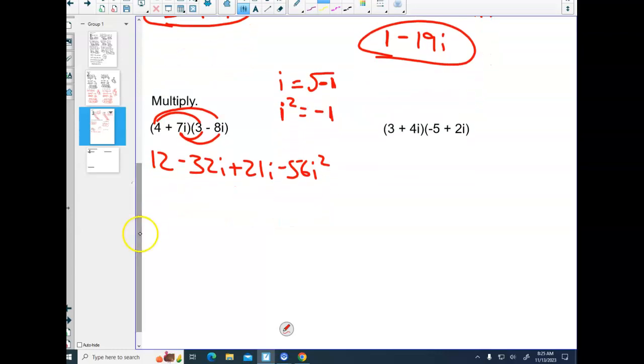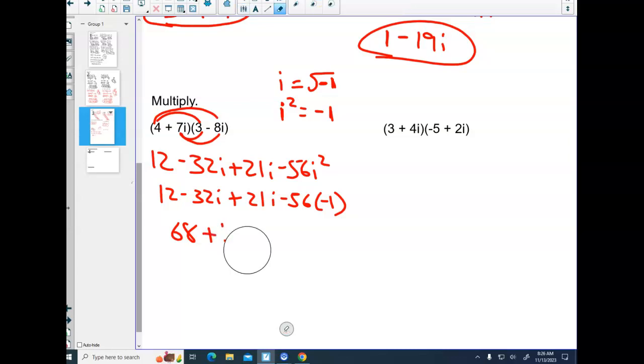So this i squared is a negative 1. Basically, it changes the sign of the back number. 56 and 12 is 68, because it turns negative 56 positive. Negative 32 and 21, minus 11i.